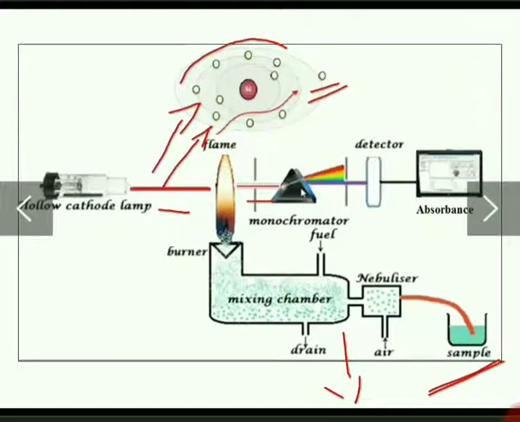Next, this transmitted light has to go through the monochromator. The role of the monochromator is to separate light of different wavelengths, because if we are concerned with sodium, we want only the absorbance at 589 nanometers. So the monochromator separates the light of different wavelengths, and next it goes through the detector. Detectors convert the light signal into an electrical signal, and it goes to the readout instrument.